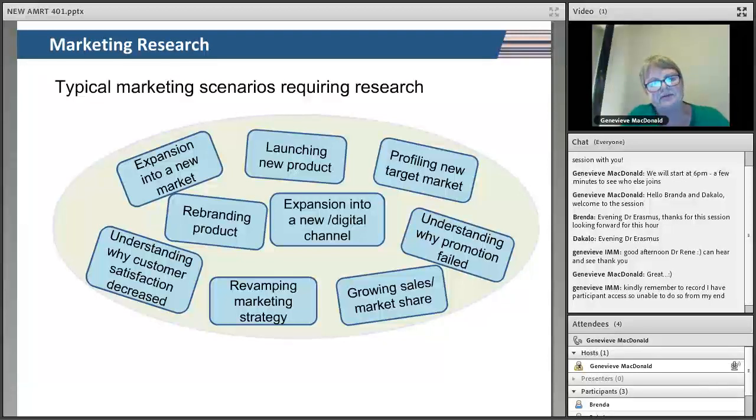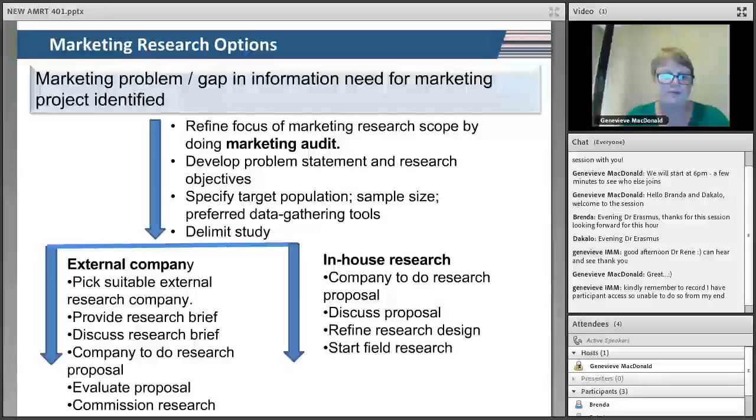There are many of them. So as you go through case studies in the handbook and in the assignment, can you identify the actual marketing problem that they are struggling with?